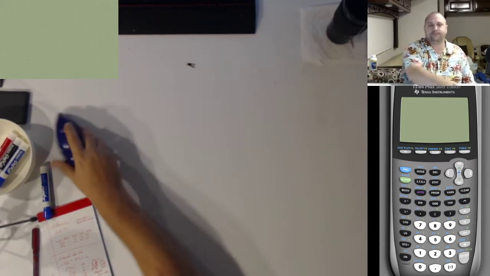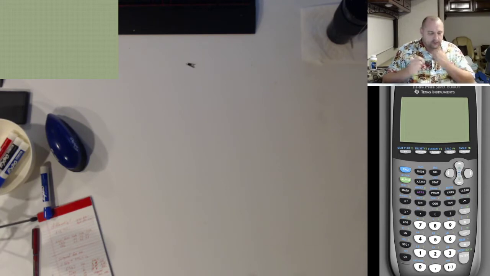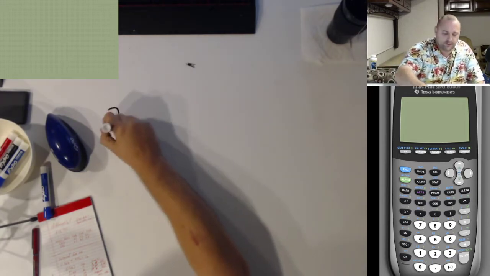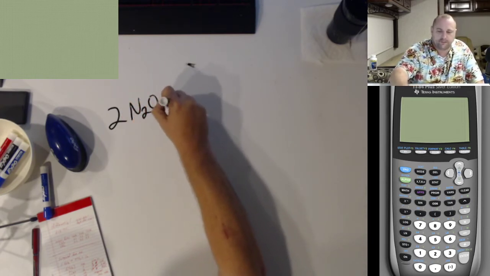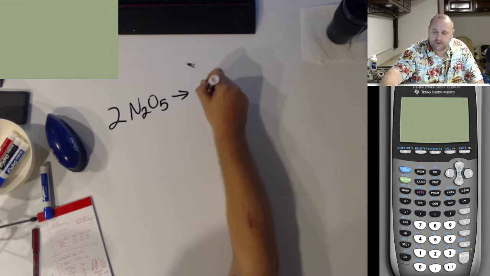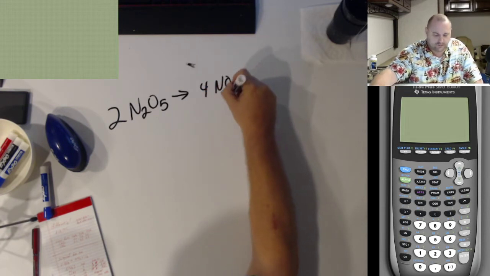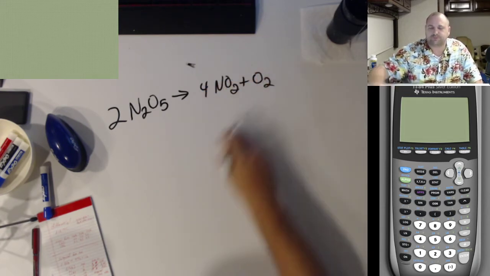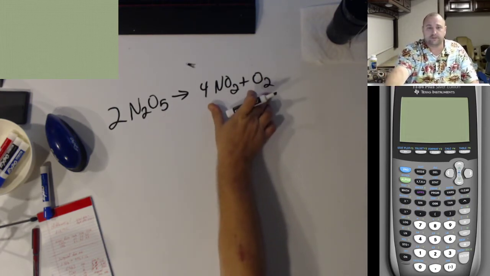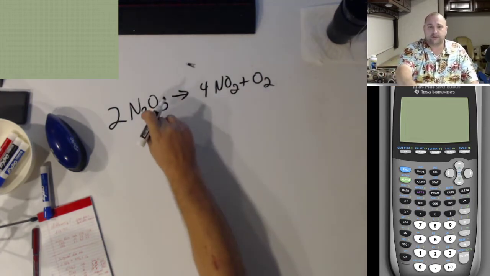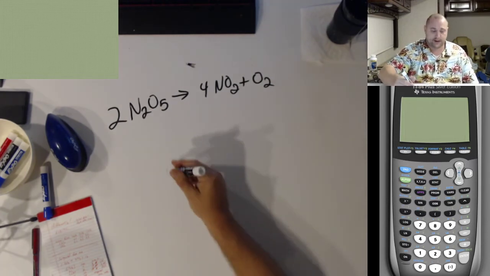But that's okay. So then what does it look like when we use an integrated rate law? So let's look at the example they like to use in this book. They're using N2O5, and they're telling us it breaks down into NO2 plus O2. And instead of looking at the relationships of these, they're just looking at my N2O5 versus time.